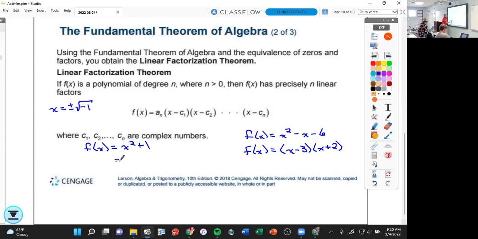So this actually factors into x plus i times x minus i. There you go, 2 complex solutions. But again, I started with a second degree polynomial and I end up with 2 factors. Questions so far?